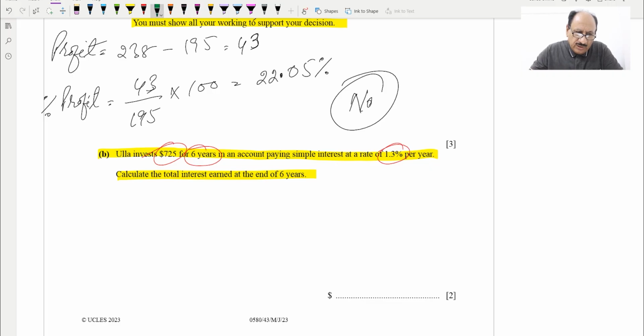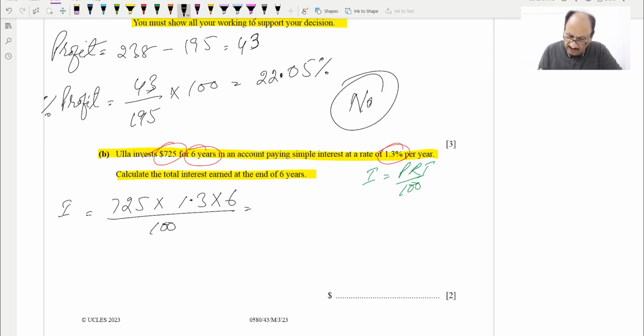So we can write the formula. Interest is equal to PRT over 100. So this is the formula which we will be using. Principal amount is 725, rate is 1.3, time duration 6 years, divided by 100, and this will be the interest.